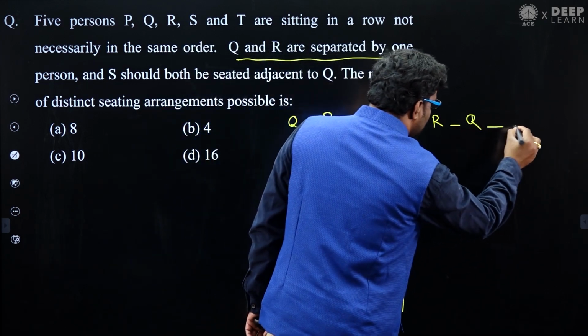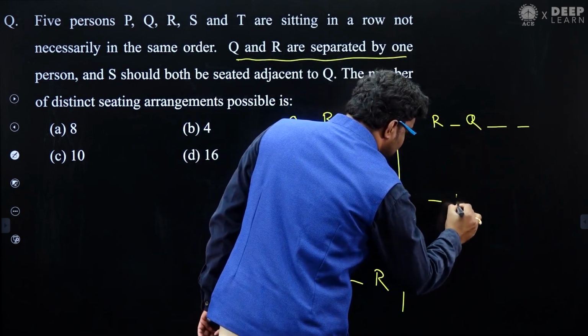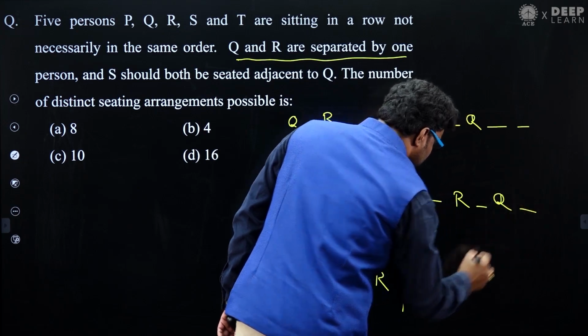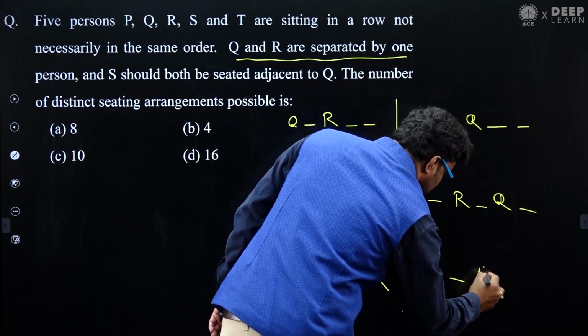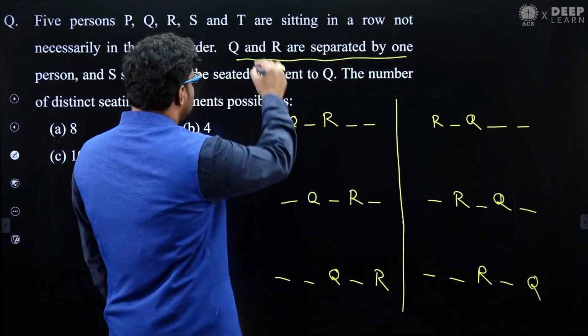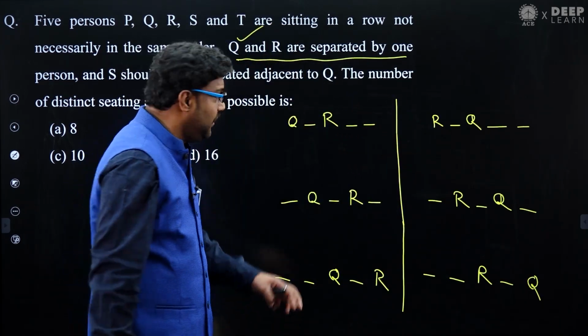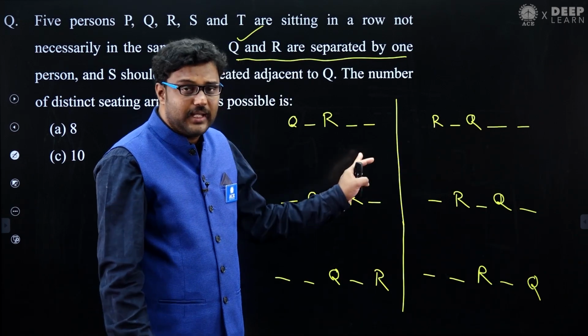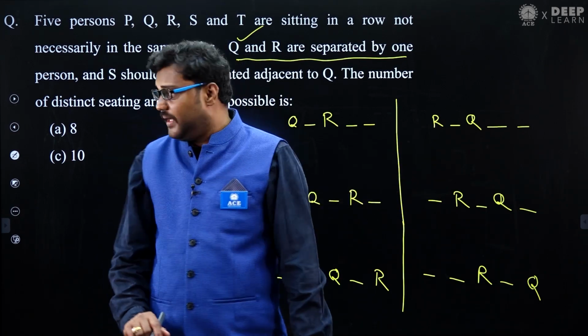Here also we have R blank Q, and R blank Q blank. So we are just going through different possibilities. This condition is completed: there is one person between Q and R. According to that, these are the possibilities.